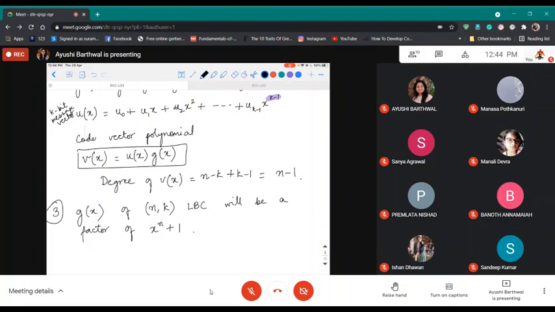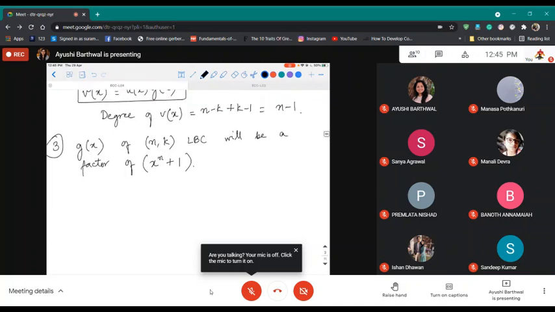So whenever you have to generate a cyclic code of order (n,k), you always have to use this property, that it will be a factor of x raised to the power n plus 1. So let's do one example and see how a cyclic code is generated.